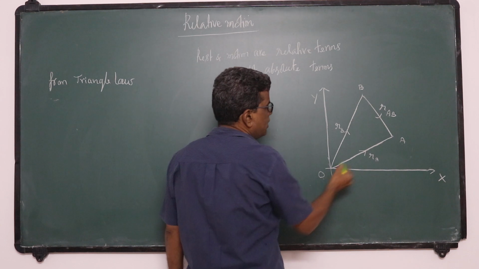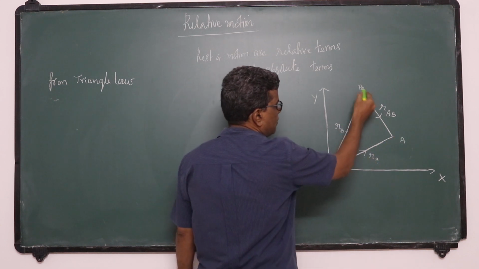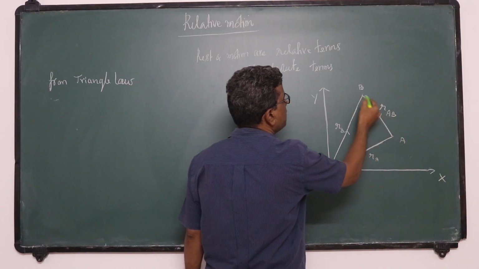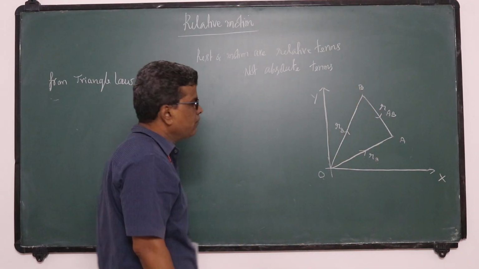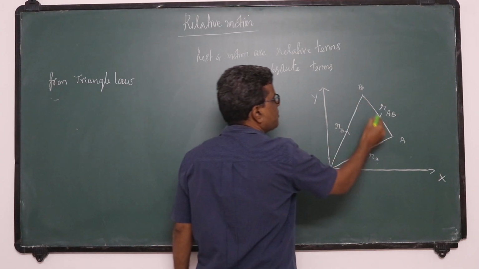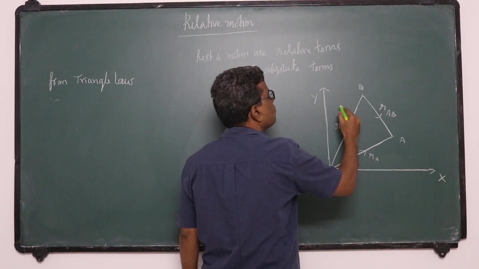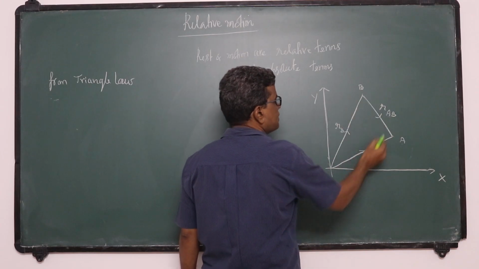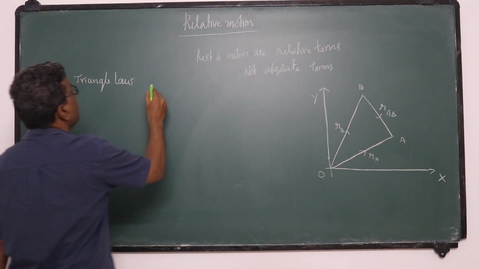Okay, OA represents RA, OB represents RB, BA represents position of A with respect to B. So from triangle law, if these two vectors are represented by sides of a triangle taken in order, then closing side of the triangle taken in the reverse order represents the resultant of these two. Okay.